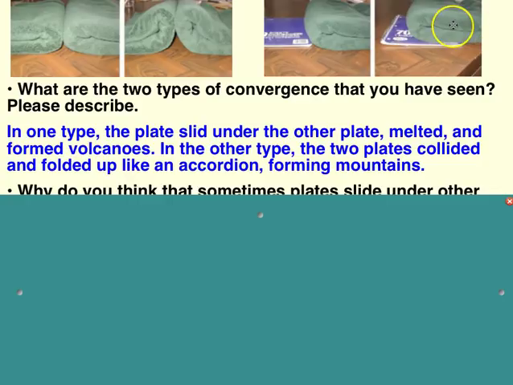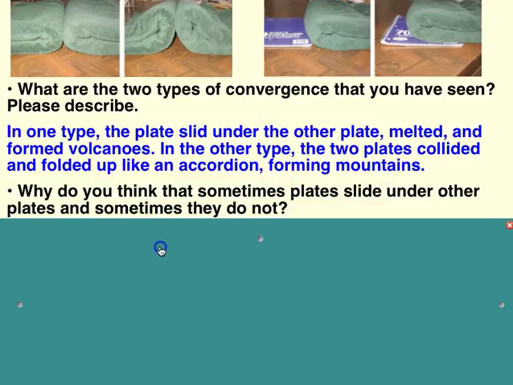And a towel would represent or symbolize a continental crust. It's going to be less dense, it's granitic in nature versus basaltic in nature, and it's usually the one that's going to stay on top. Well, it is if it comes in contact with an oceanic. But when this happens, you're going to get folded mountains, but a lot of times, eventually one of the plates will lose out and it will disappear eventually.